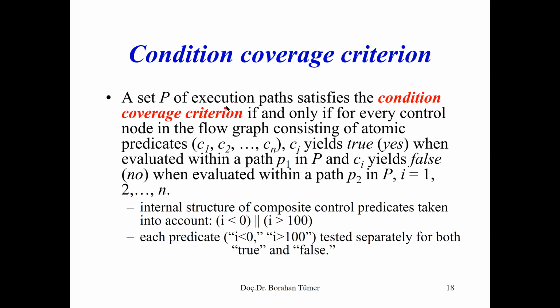A set P of execution paths satisfies the condition coverage criterion if and only if, for every control node in the flow graph consisting of atomic predicates C1, C2, etc., Cn, each condition Ci yields true when evaluated within a path P1 in P, and Ci yields false when evaluated within a path P2 in P, where i is from 1 to n inclusively.